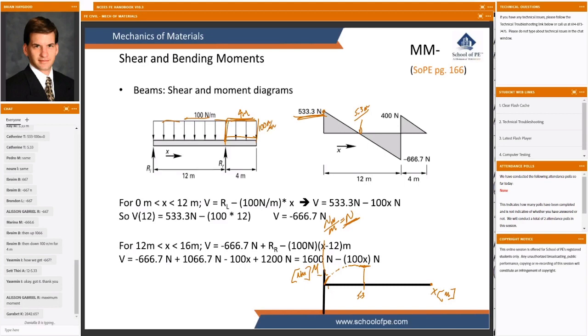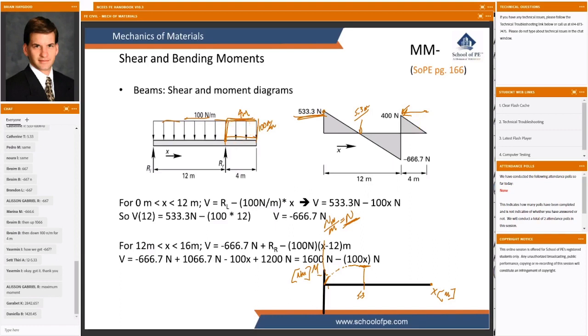So to get this value here, we integrate from the right-hand side back to that point. Integrating the distributed load diagram is how we get our values on the shear diagram. It didn't feel like we were integrating when we did it, but we are.